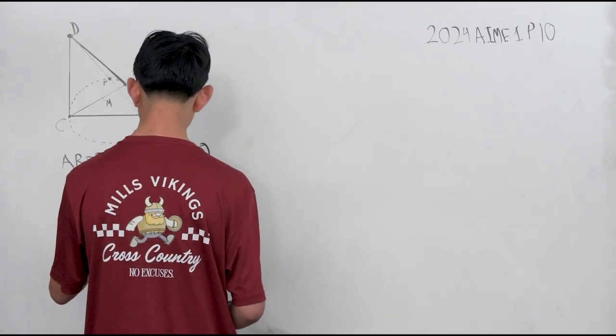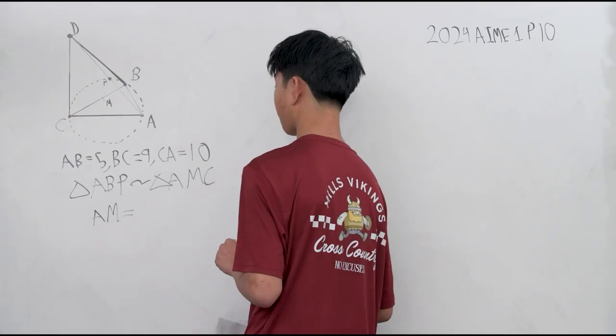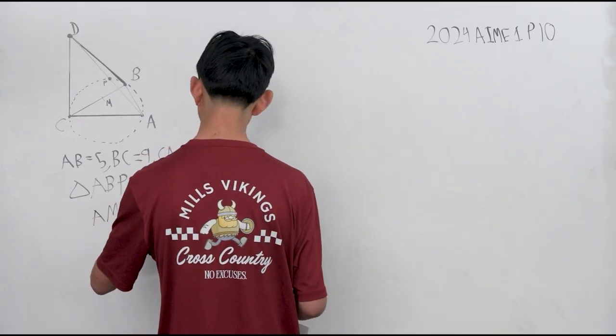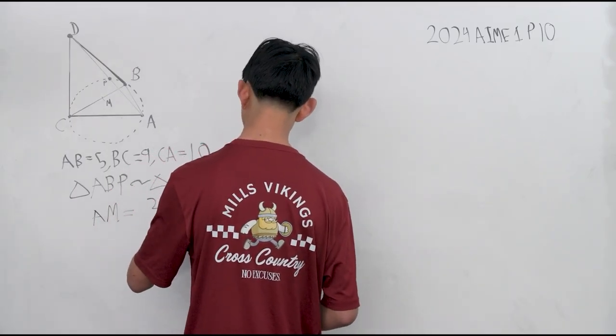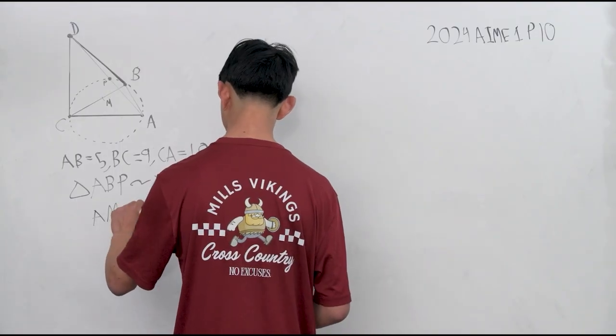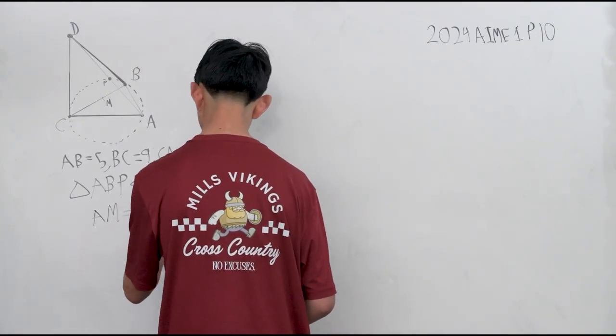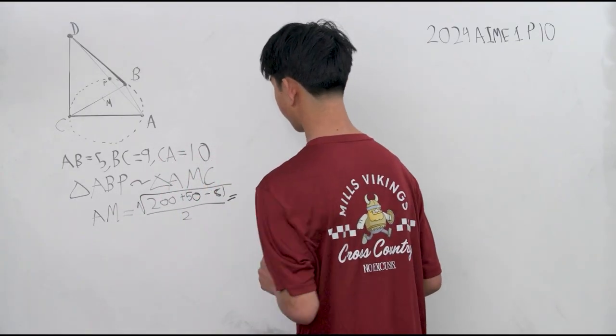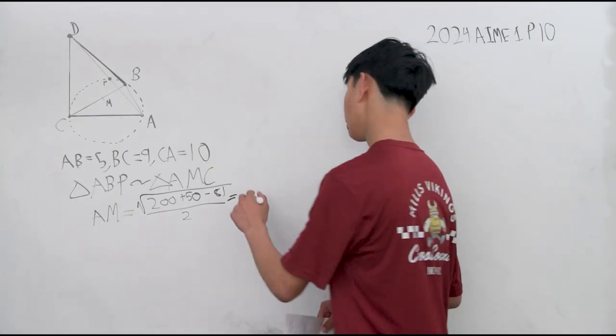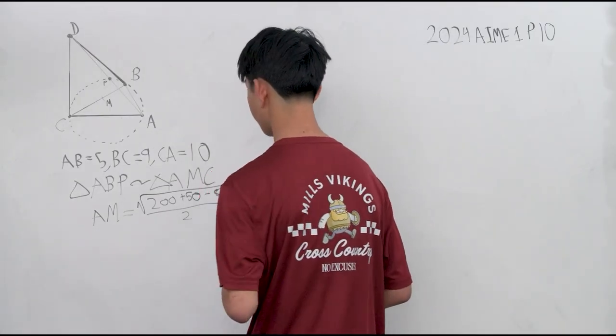AM is equal to square root of 200 plus 50 minus 81 over 2. This equals square root 169 over 2, or 13 over 2.